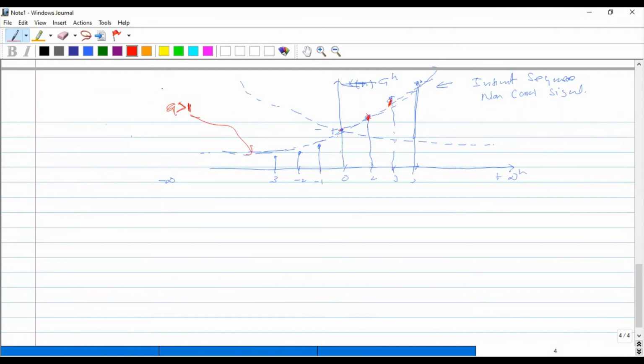And what happens if a is a decimal value, like a half? That means a is less than 1 and greater than 0, so a is between 0 and 1.